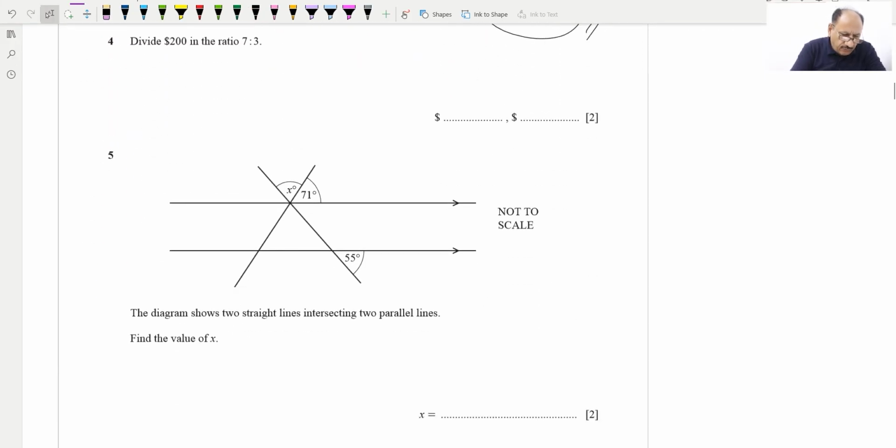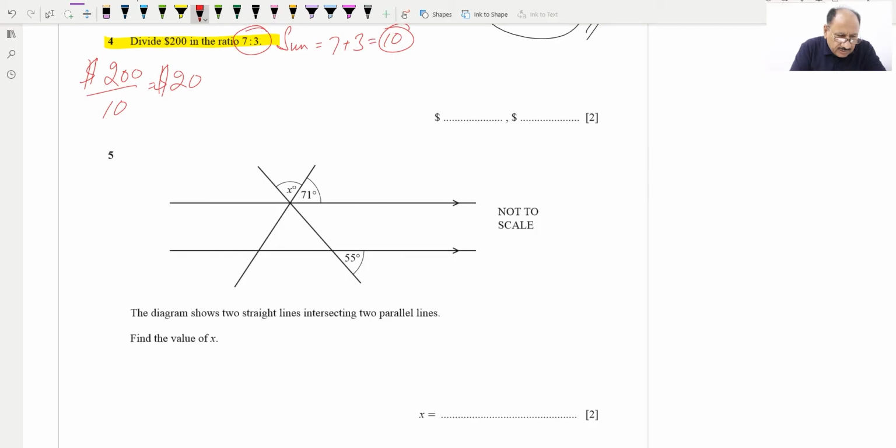Now question number 4 says: divide $200 in the ratio 7:3. So we check the sum of the ratios, which is 7 plus 3, equal to 10. We need to divide $200 into 10 equal portions, and this gives us $20.